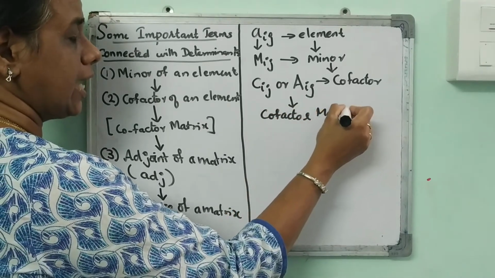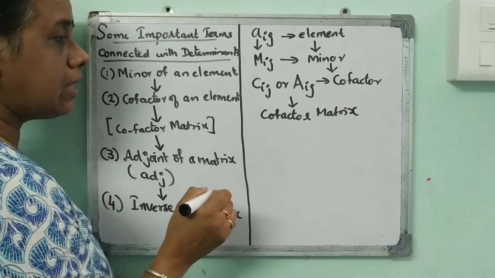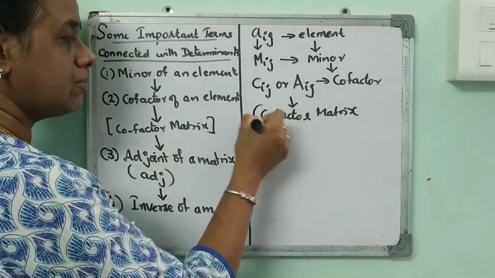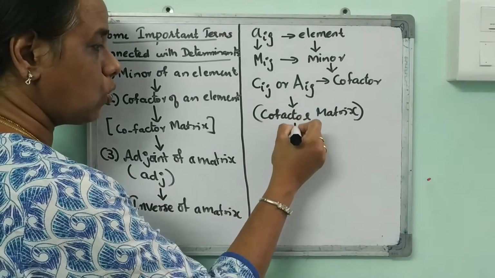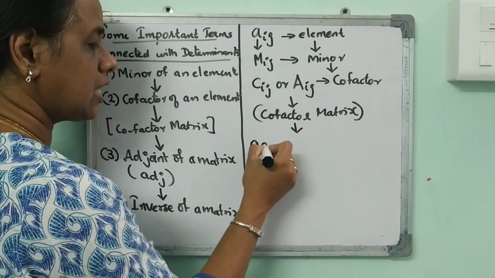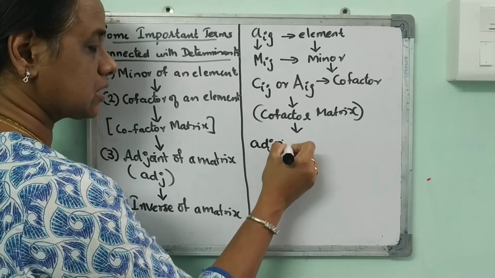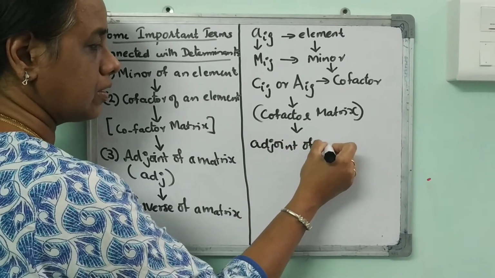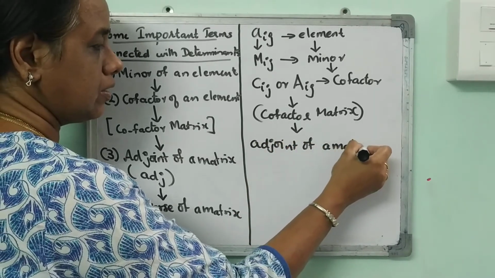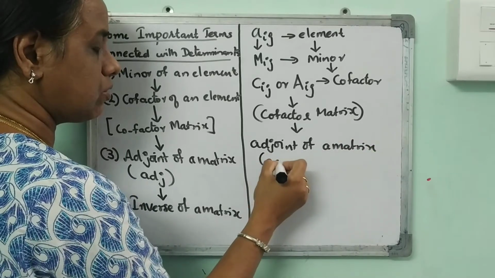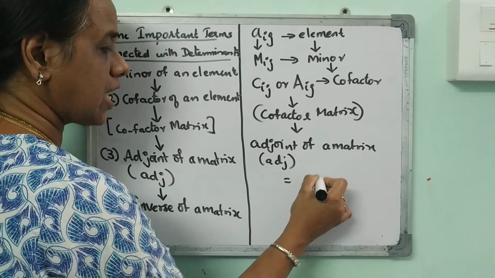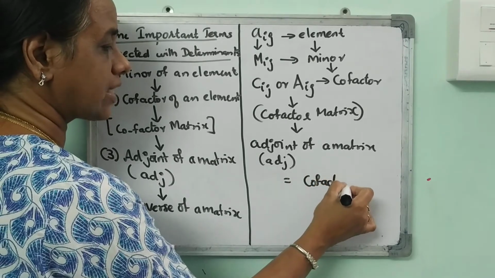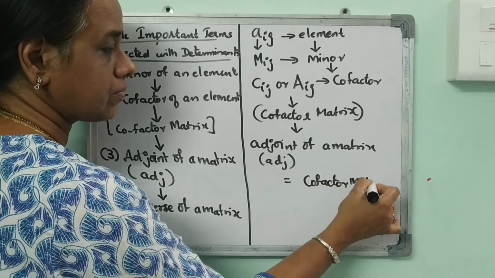So that means, in a matrix, how many elements are there? For all of them we will work out the cofactor matrix. And after finding the cofactor matrix, the adjoint of a matrix, which is shortly denoted as ADJ, is equal to the transpose of the cofactor matrix.